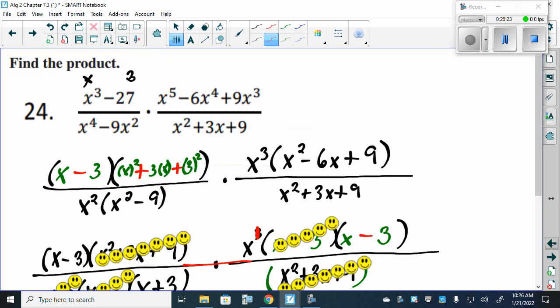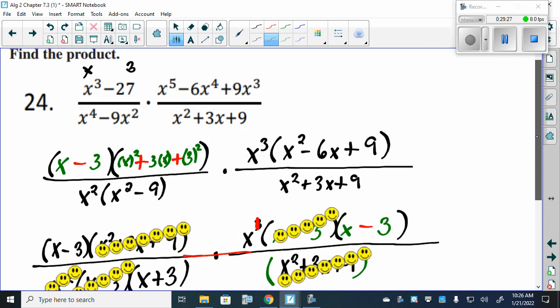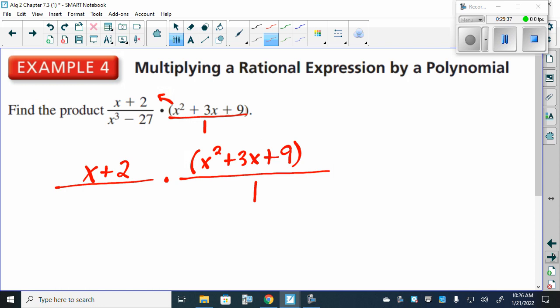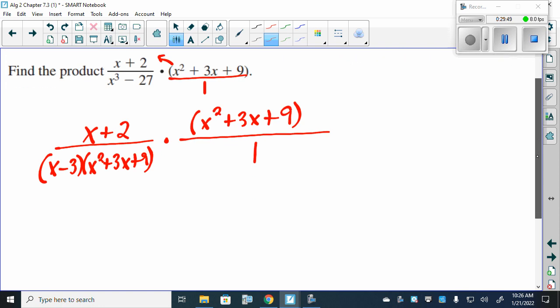And we had it right here, didn't we? So, as we saw in the previous problem, this is going to factor down to x minus 3 times x squared plus 3x plus 9. And that's kind of what we saw already.